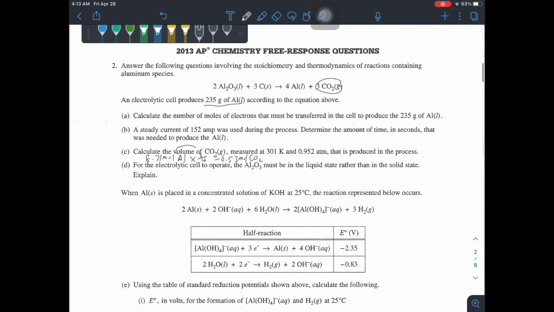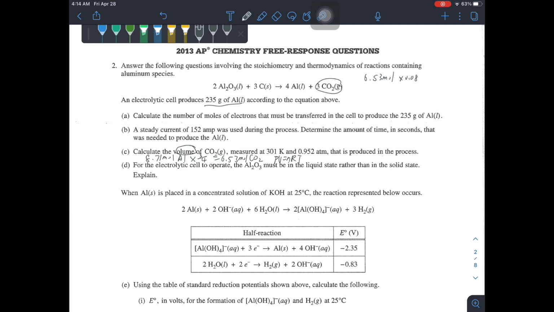Then we need to use PV equals nRT, that great equation, to get the volume. Since the only thing we don't know is volume, we put everything on the right side, which is volume equals nRT over pressure.